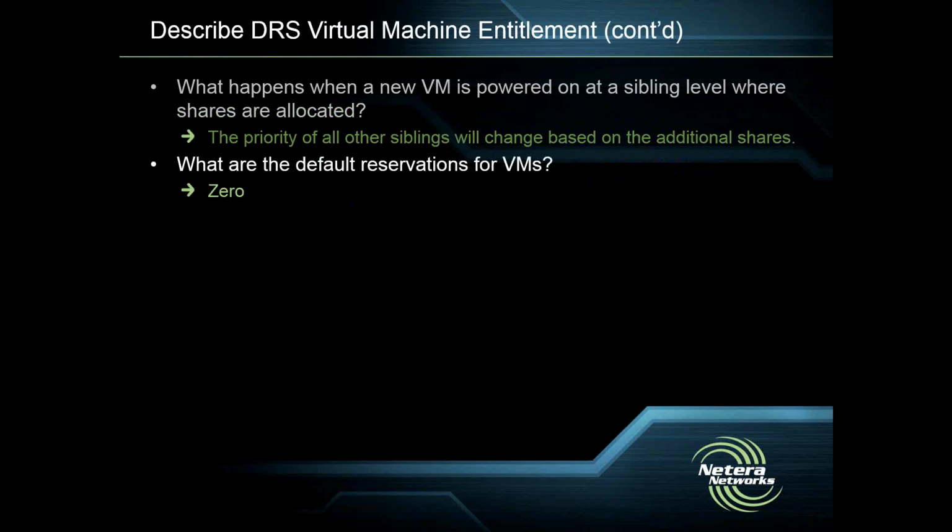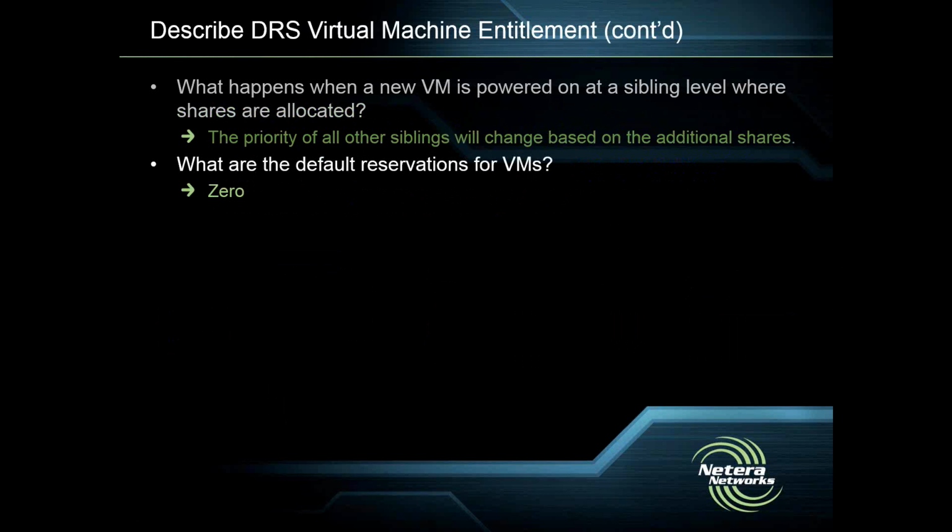Without adding a static reservation, your reservations will be 0. If you have a VM configured with 4 gigs of memory and you add a reservation of 2 gigs, then that VM will have a 2 gig reservation on memory, but continue to have a 0 megahertz reservation for CPU.